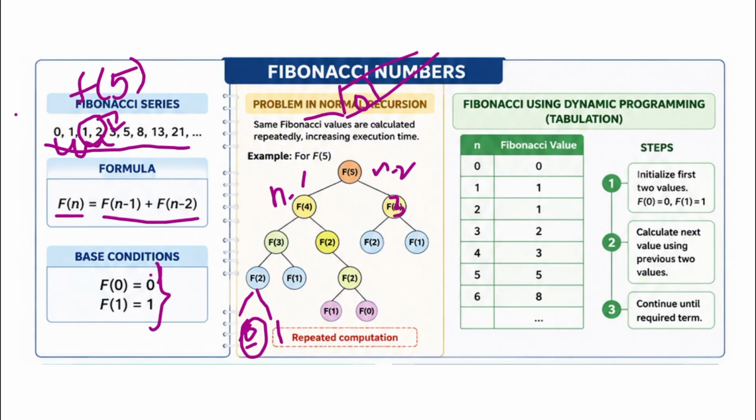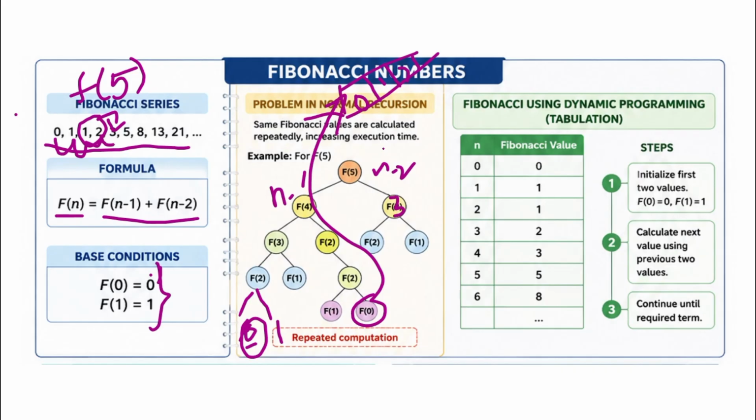Then again find the f of 1 value, and that value is stored in memory, so we don't calculate it again and again. If we need f of 0 again, there is no need to calculate it again, just take the value from the memory, right? Likewise, every time you calculate one new function, store it inside the memory and use that value. So this is called the memorization method. This is the top down approach.